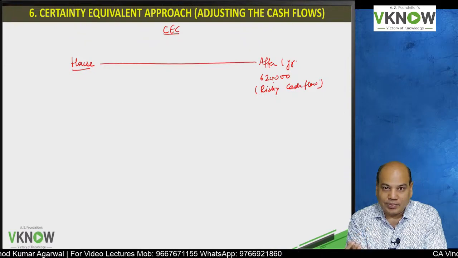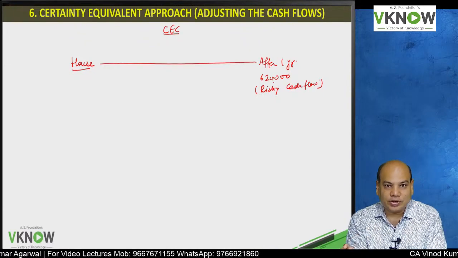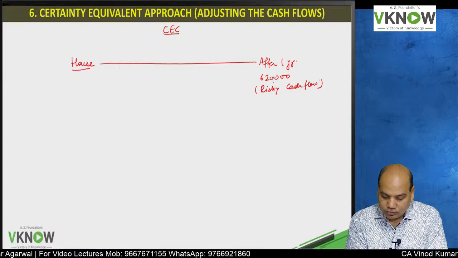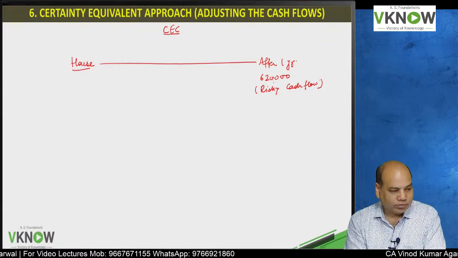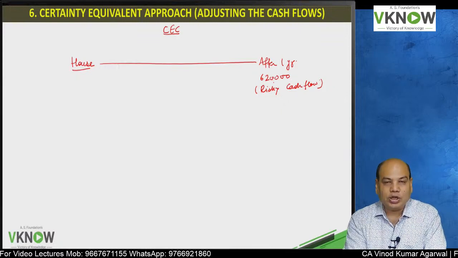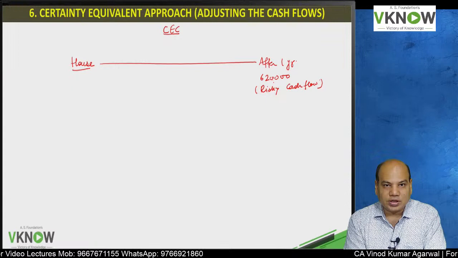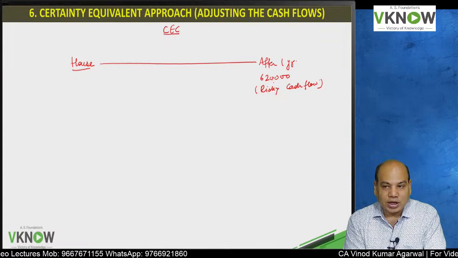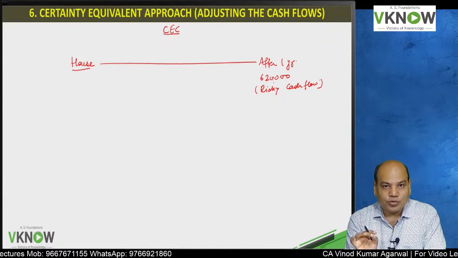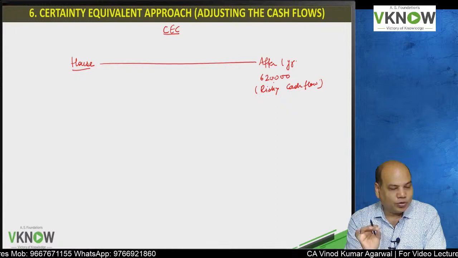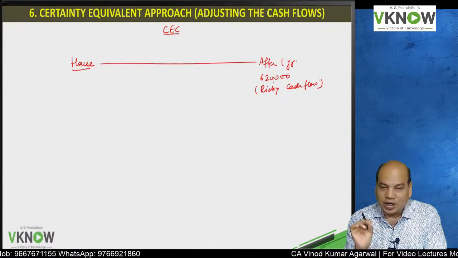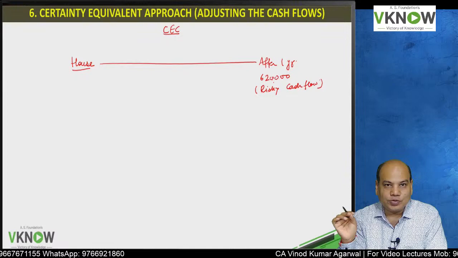I may get less than 6,20,000. Then your friend comes. Your friend says, I am willing to purchase this house. I am going to give you in writing, a guarantee that I am going to purchase this house from you after 1 year.